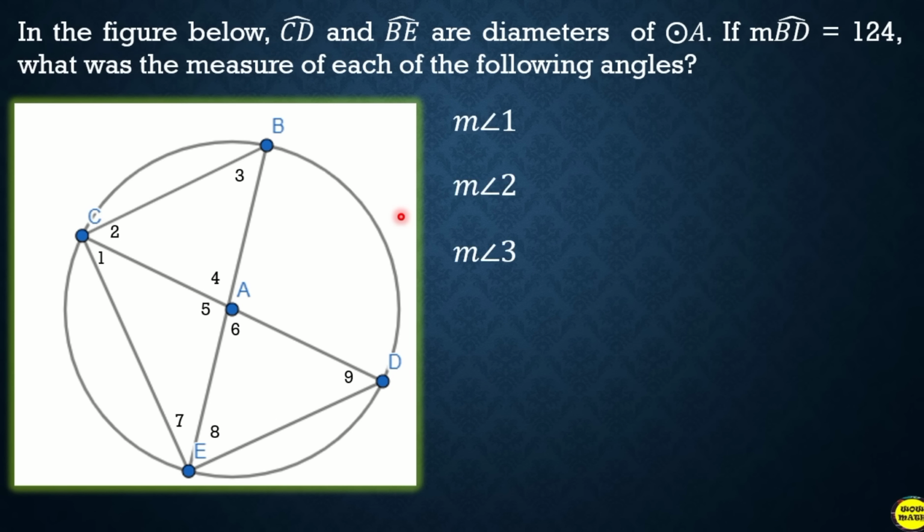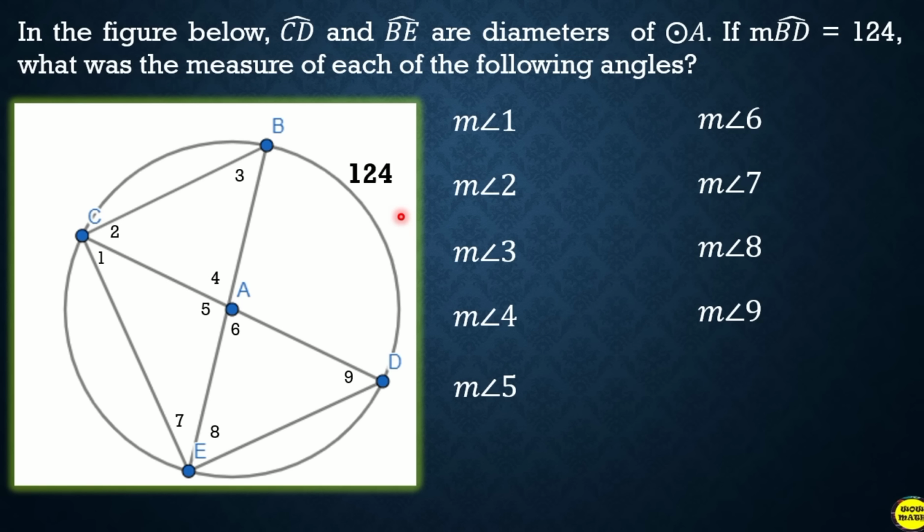So kunin natin yung measure ng mga angles, from angle 1 to 9. So, kapag ganito class, kapag sasagot kayo ng ganitong questions and then isang figure lang, ang daming hahanapin, gawin nyo muna, ilapat nyo muna yung given. So, yung measure daw ng arc BD natin is 124.